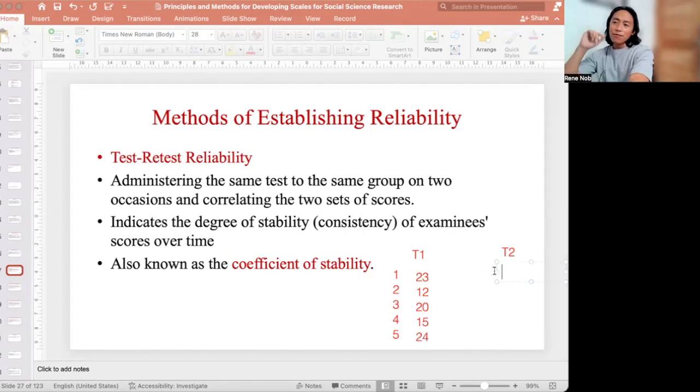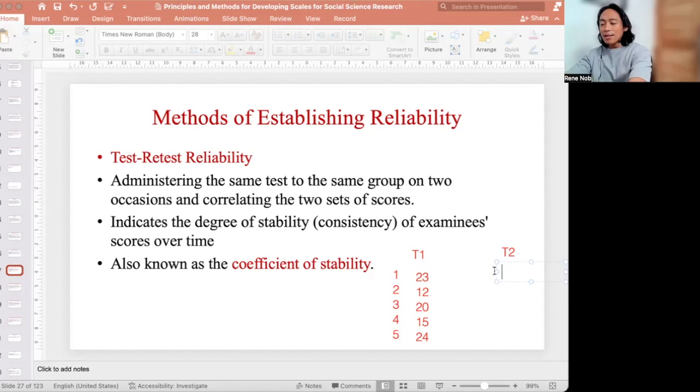At time point 2, if the instrument is reliable, our expectation is that the instrument will be able to measure relatively the same score, especially if the construct is something that is meant to be stable. So if the instrument is really measuring a stable thing, therefore the scores should not be very different.